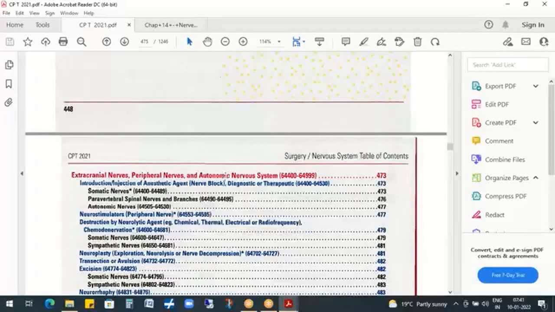Next, destruction of nerve or chemodenervation, that is the fifth procedure. Next one, transection of nerve, that means removal of nerve. Understood? These are the possible procedures a physician can perform on nerves.